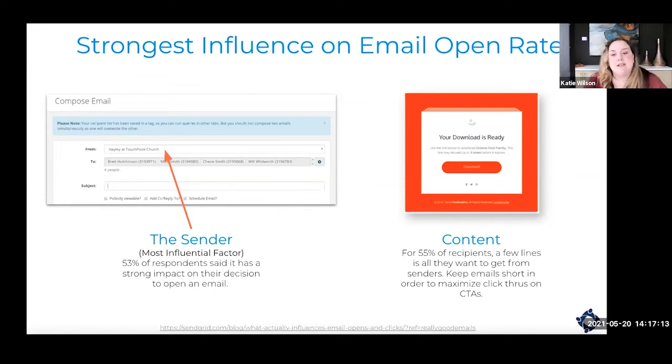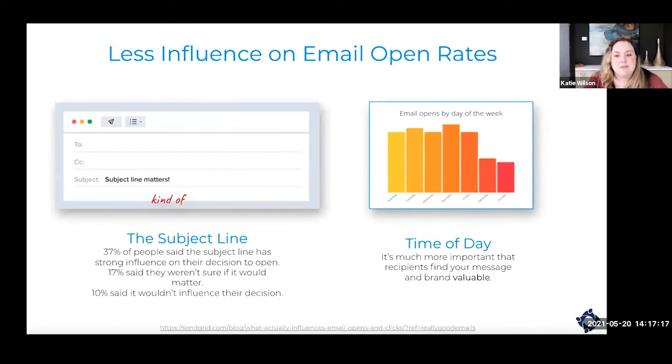And then if we look at the next slide, we see what has the least influence on email open rates. Surprisingly, the subject line: only 37% of people say that the subject line has a strong influence on their decision to open.